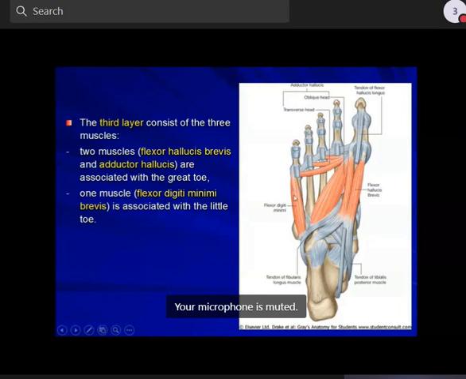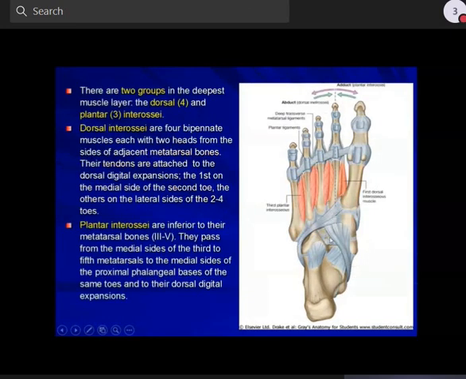Flexor digiti minimi, which is visible here, and between both, adductor hallucis with its oblique and transverse heads. And layer 4 refers to interossei muscles arranged in 2 layers, plantar and dorsal.